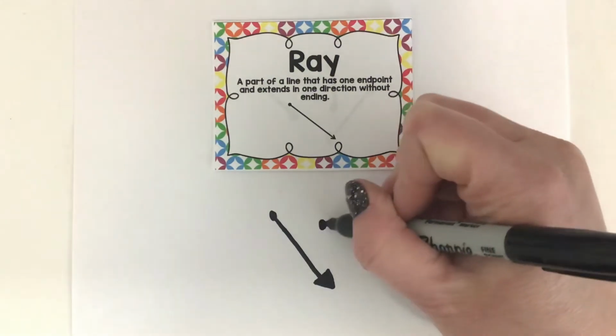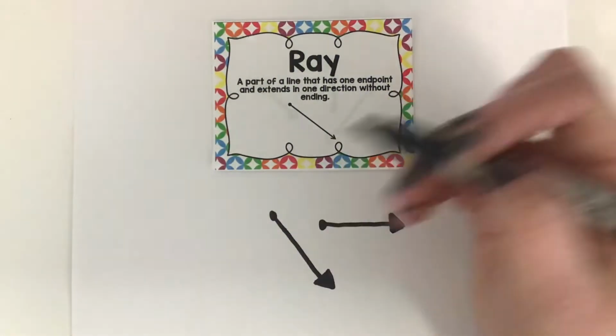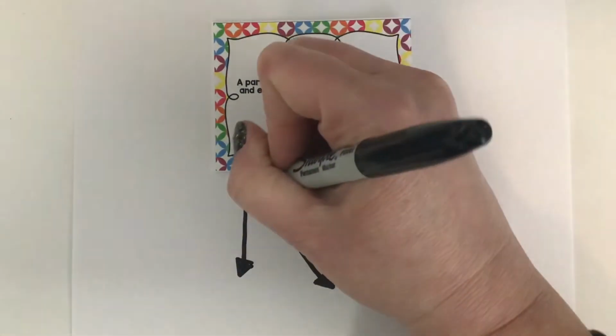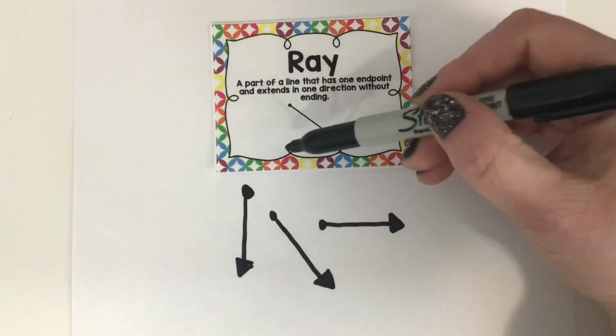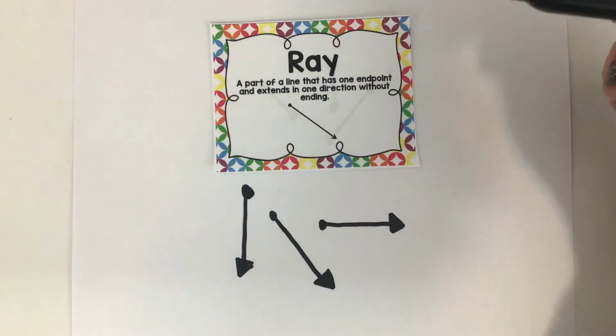A ray can go all different directions. It can go down, sideways, or across, but a ray will always have an endpoint at one end and then a continuing line on the other.